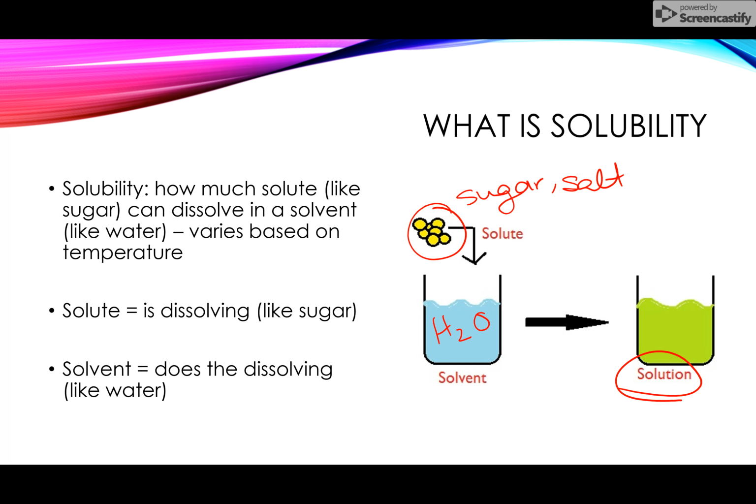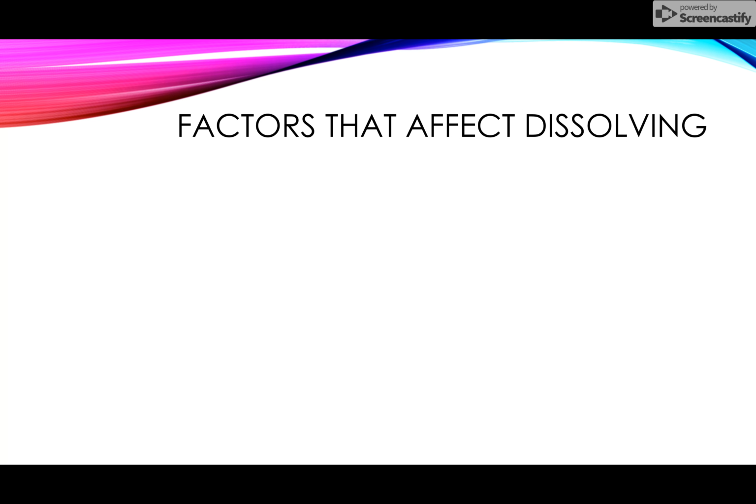And how much can dissolve will always vary based on the temperature. So, the different factors that can affect dissolving, one that I already discussed, is that if I have temperature change, then the dissolving will change. Now, if you think about sweet tea, right? Most people, when they're making sweet tea, use warm water or hot water.